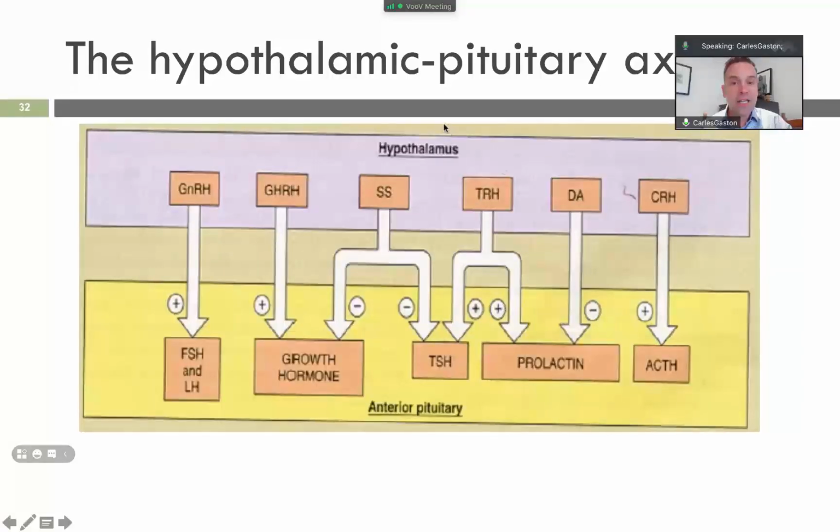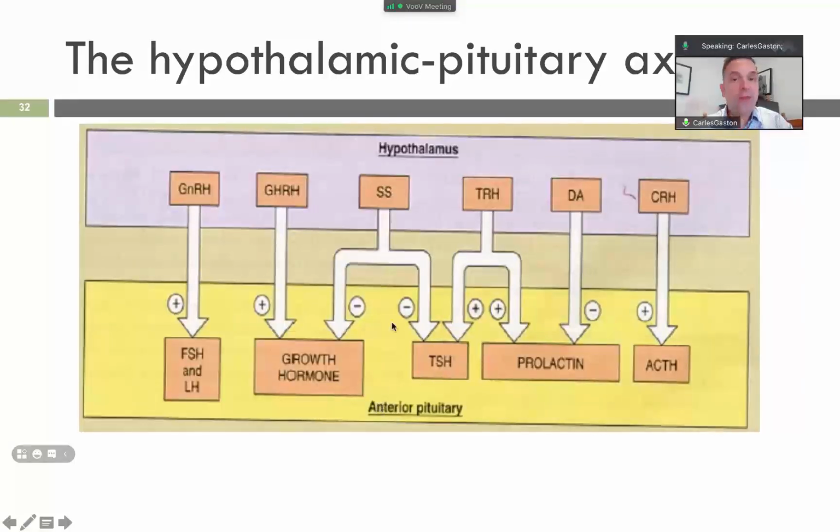So this is the hypothalamus and the anterior pituitary, a very depicted summary of the main releasing hormones from the hypothalamus and the anterior pituitary gland.